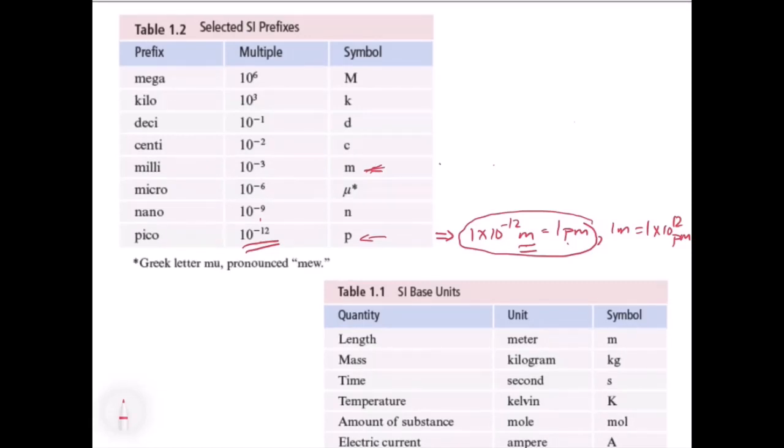We can do the same thing for the millimeter. What this says is for every 1 times 10 to the minus 3 meters is equal to 1 millimeter. Anytime it's to the minus 3, this is a 1,000th of a meter, so we know it's smaller. If we do kilo, for example, for every 1 times 10 to the third meters is equal to 1 kilometer.